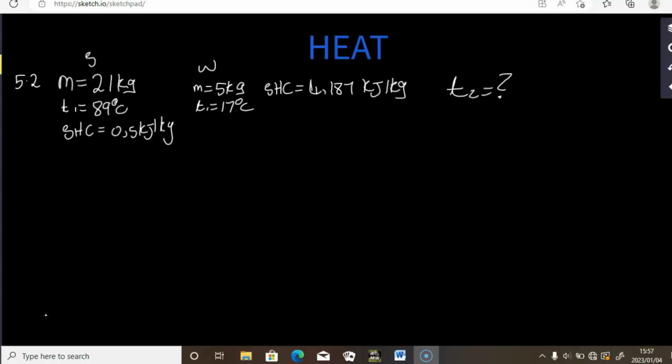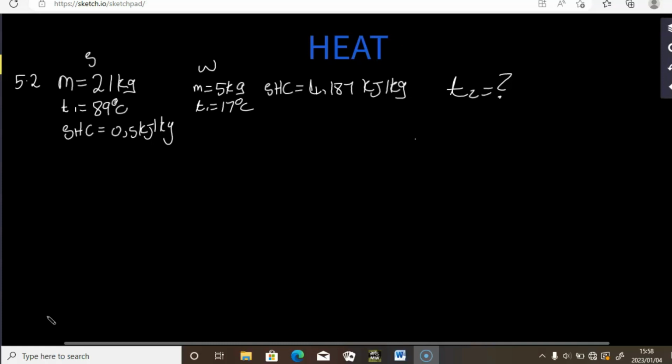We are told that we're working with steel and water. The mass of steel we're given as 21 kg, and the initial temperature, which is T1 of the steel, we're given is 89 degrees Celsius. We're then given the mass of water is 5 kg. We are also given the temperature as 17 degrees Celsius.